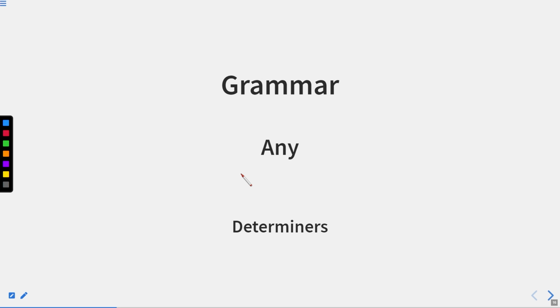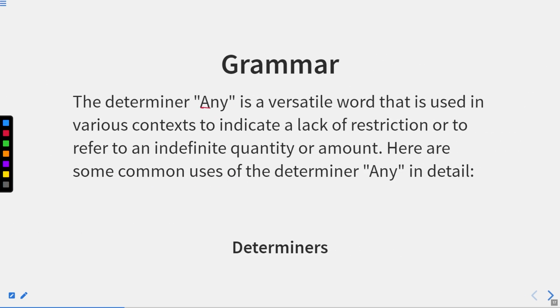Now, we'll elaborate any. What are the various uses of the word any, we are going to discuss in this session. First of all, the determiner any is a versatile word that is used in various contexts to indicate a lack of restriction or to refer to an indefinite quantity or amount.